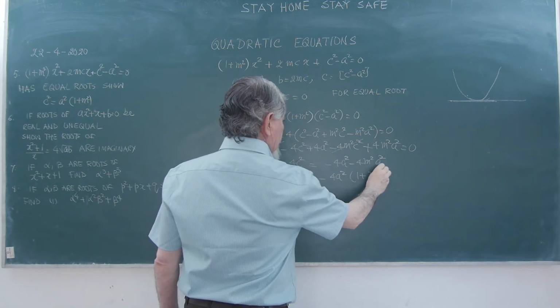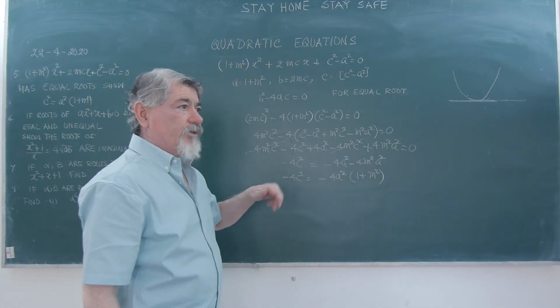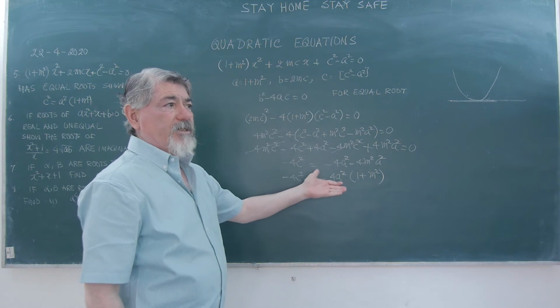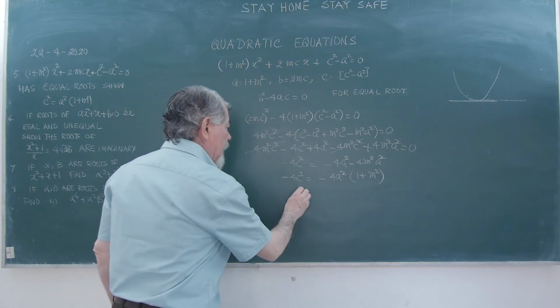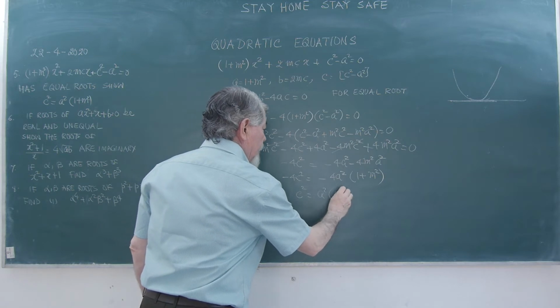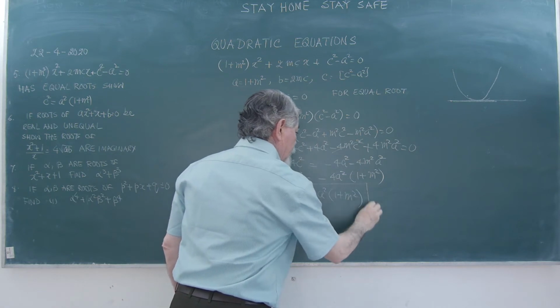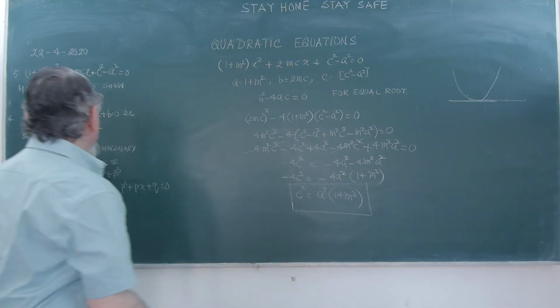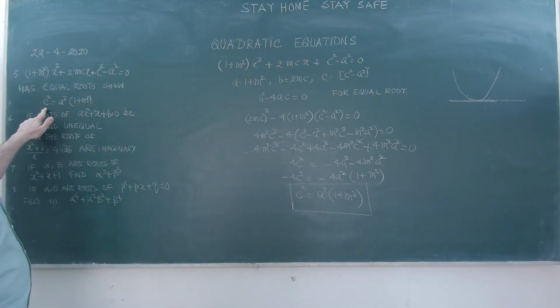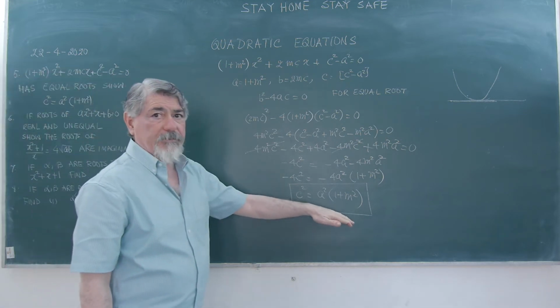Both signs are negative, so I can divide both sides by minus 4. I will get c square is equal to a square into (1 plus m square). And this is what you had to prove.